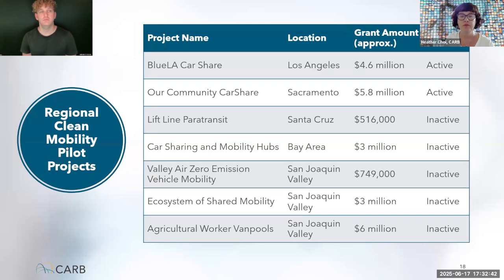The study's surveys reported user increases in accessibility to essential destinations such as schools, grocery shopping, and healthcare. The Regional Clean Mobility Pilots Program transitioned to the statewide Clean Mobility Options Voucher Pilot Program, which is going to be discussed in the next few slides.